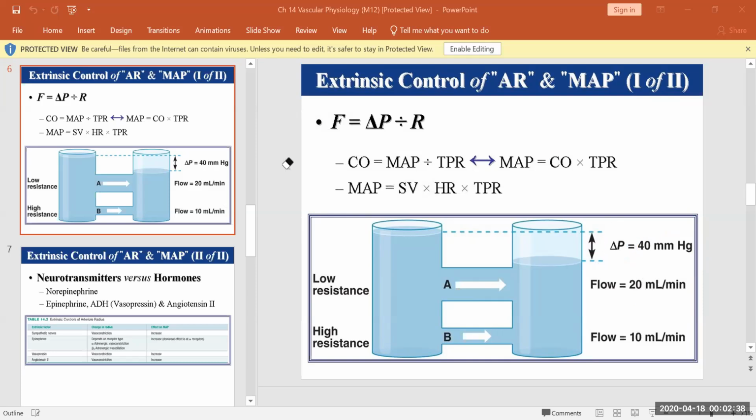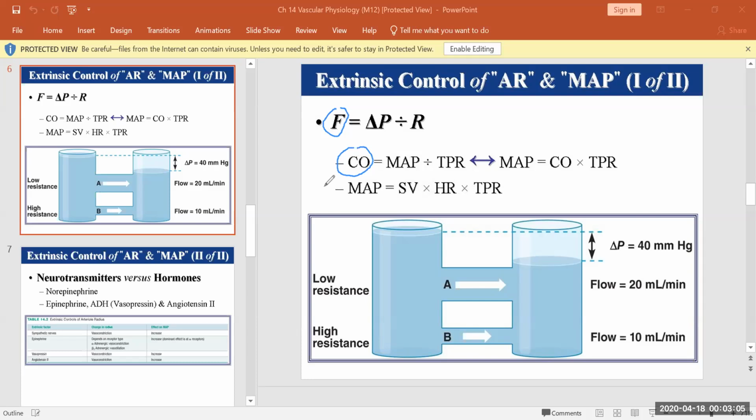Let's play a little bit with that equation. Flow here in human physiology comes back as cardiac output. Okay, this is the amount of blood being pumped out by the heart per unit time.